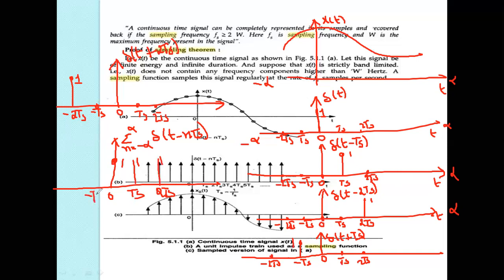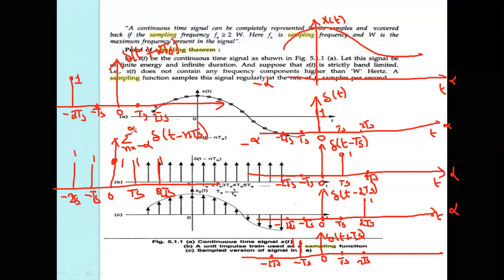And at minus ts, you see 0 plus 0 plus 0 plus 1 plus 0, again we get 1. At minus 2ts, it is 0, 0, 0, 0, and here the 1 value. So all the functions are added.